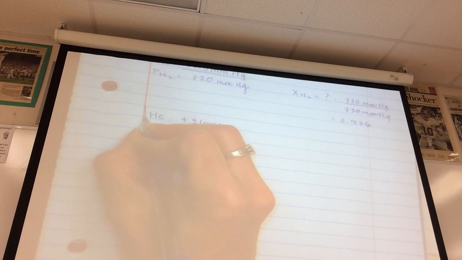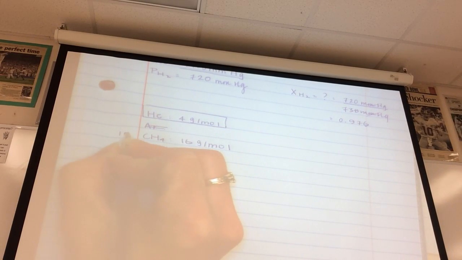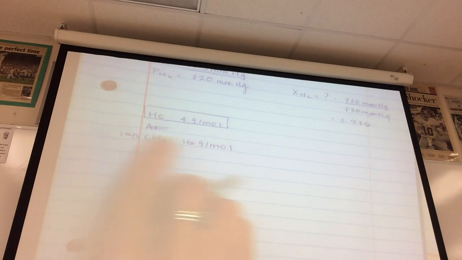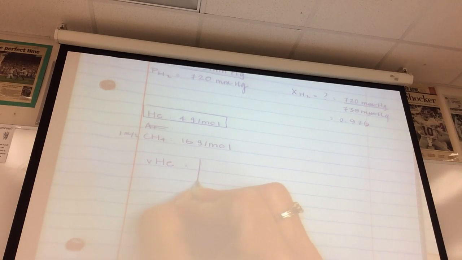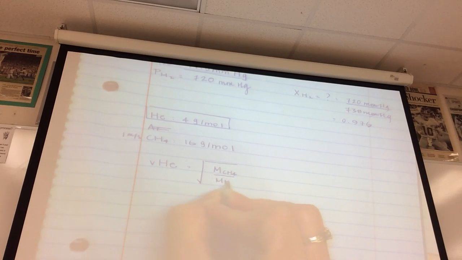You know this one's going to effuse faster, so you're going to set the slower one at 1 meter per second. You're looking for the velocity of helium, which essentially would just be the molar mass of methane over the molar mass of helium.